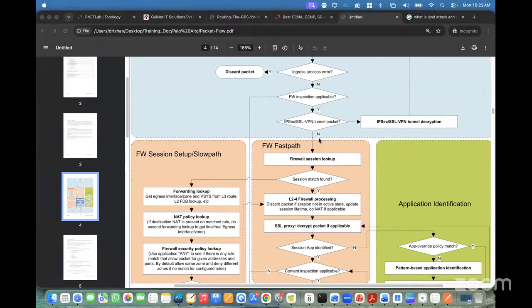Take this example. This is my Palo Alto firewall. This is the PA01. In between, let me use some other. Just take this is my PA01. This is connected with any ISP. That is the internet. This is my PA02. And behind that, we have the LAN.